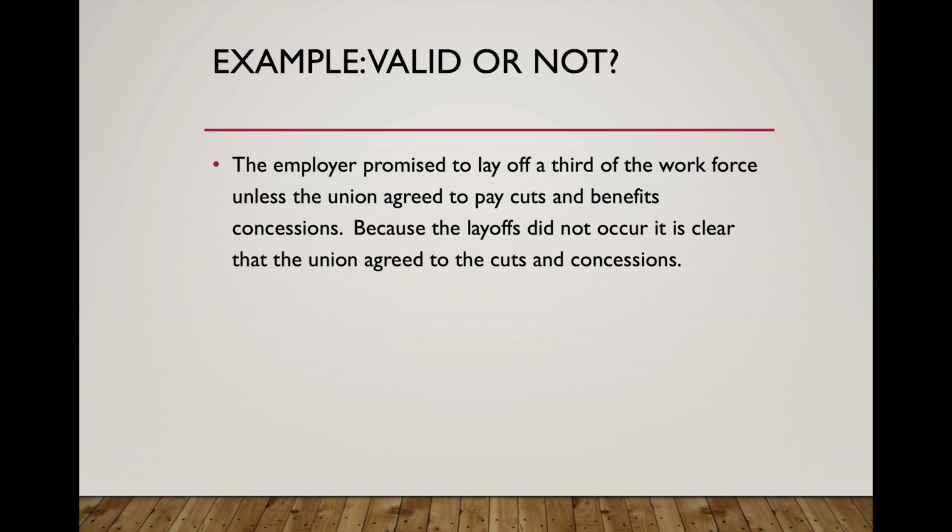And what does it do in relation to that consequent? It denies the consequent. The consequent was there would be a layoff of a third of the workforce, but the second premise says the layoffs did not occur. So we have a second premise that denies the consequent, and that's a valid form. So we can conclude for certain then that the union did agree to pay cuts and benefits concessions.